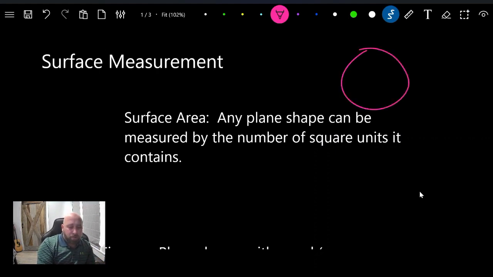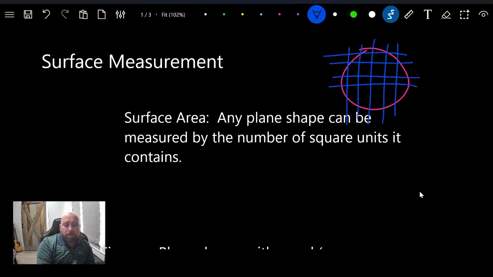Basically you're on this grid, okay? And look at this one right here, where it's just a little piece that is part of a square. How do we figure that out? Well, there are formulas that can tell you how to figure that out.